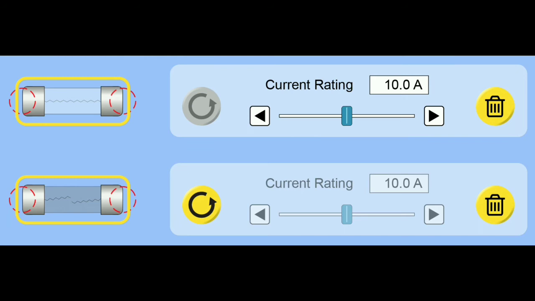Now, when we connect it in series, the wire which is used in the electric fuse has a low melting point. If current above the prescribed rating flows through the wire, suddenly it breaks down because of its melting point.